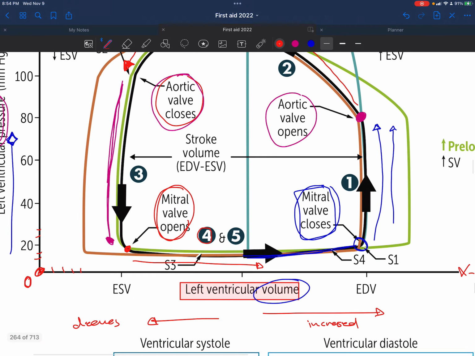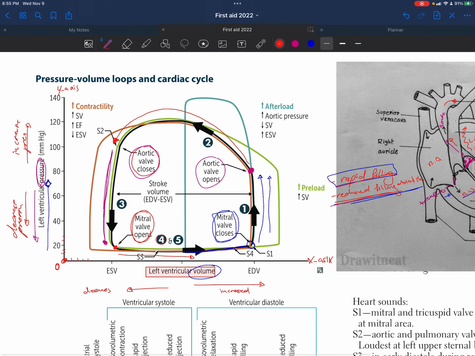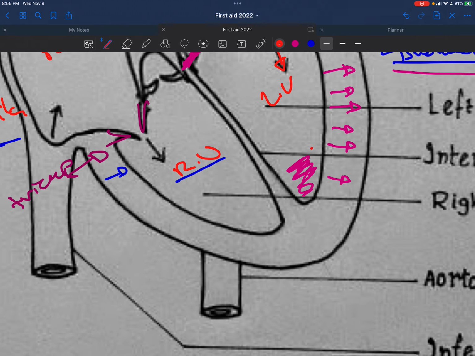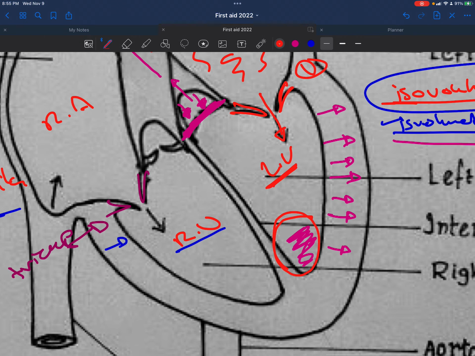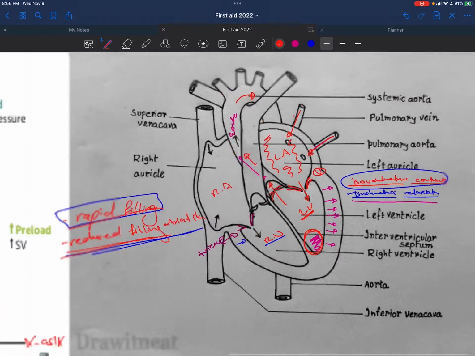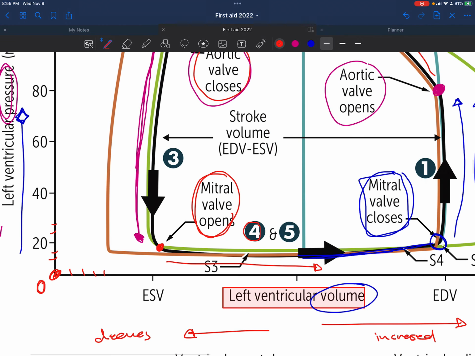So now it's important to know about the small amount of blood that has stayed in the left ventricle and has never left it. Even after the contraction of the ventricle and the opening of the aorta, the majority of blood leaves, but there is still this small amount. It is represented over here.